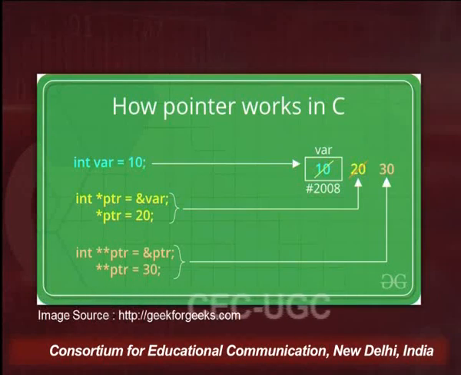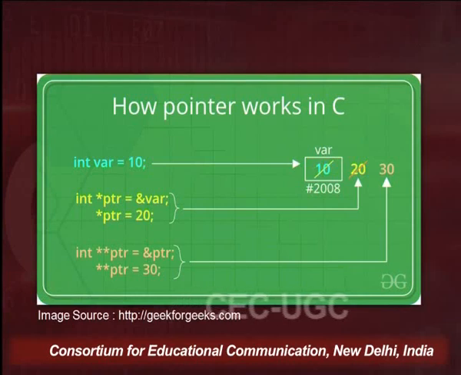It is #2008. So the whole instruction becomes value at #2008 is equal to 20. I am repeating, value at #2008 is equal to 20. What does it mean? This essentially means that the value of VAR has now become 20.